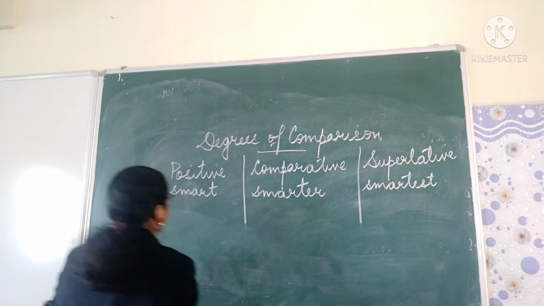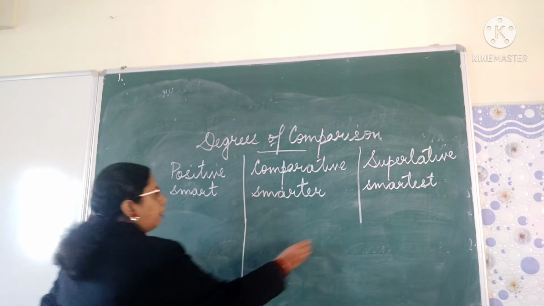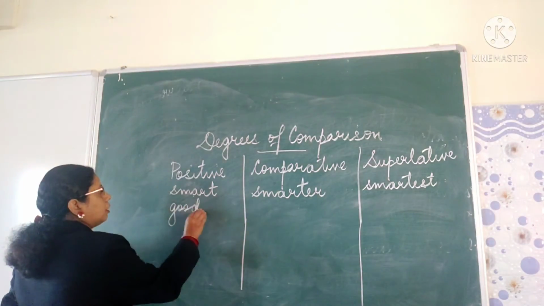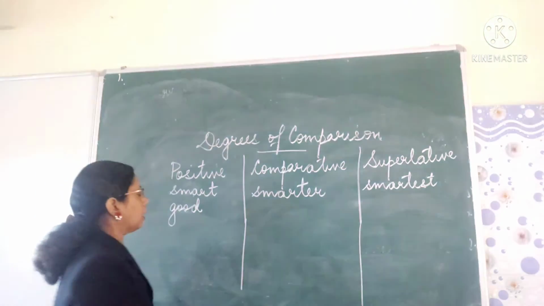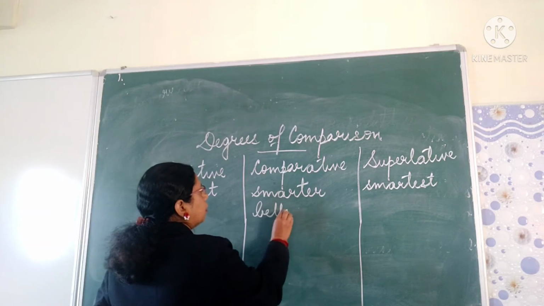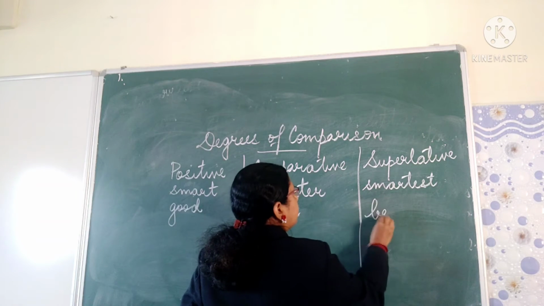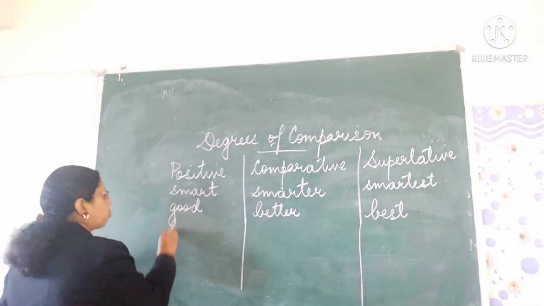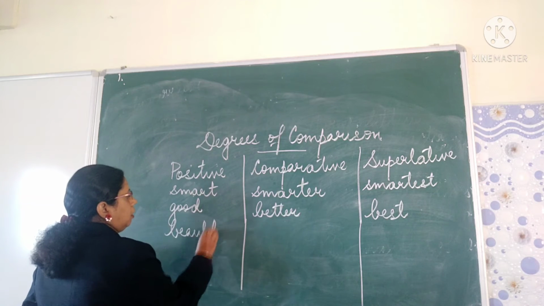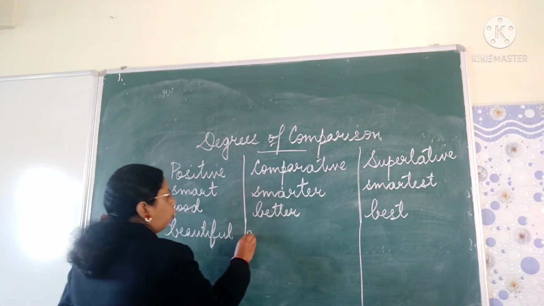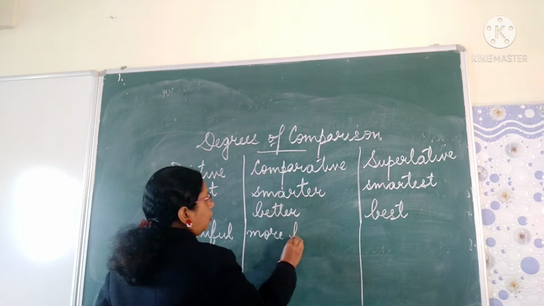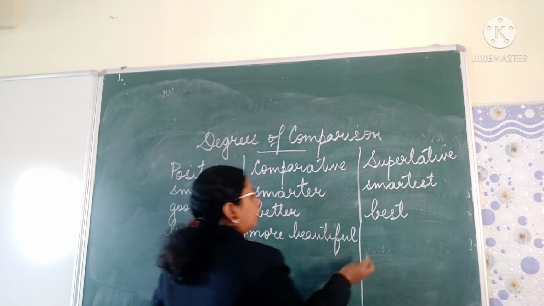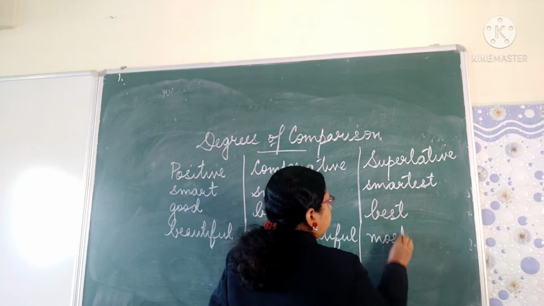Here you have some irregular adjectives, like good, the handwriting is good, then better, then the best. Then if you have beautiful, then more beautiful, so we add more to it, and then most beautiful.